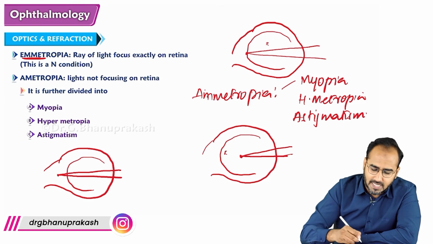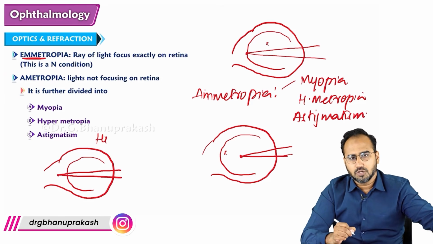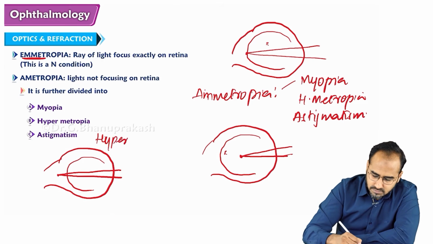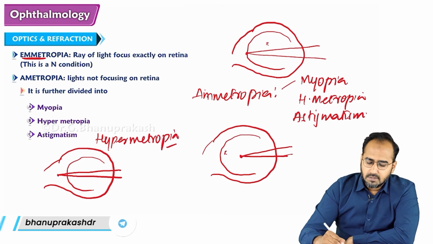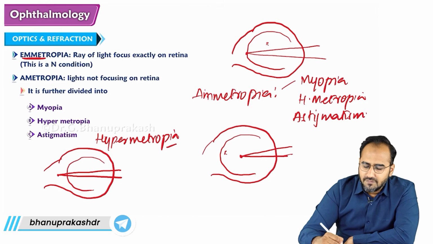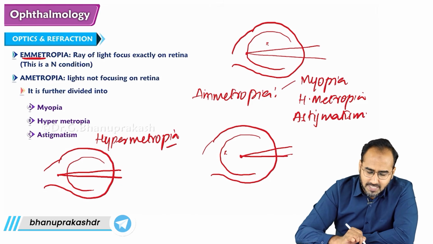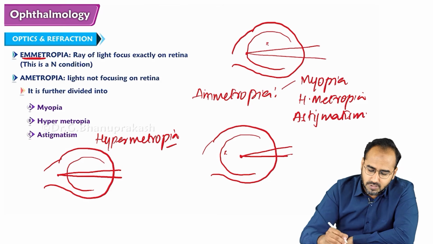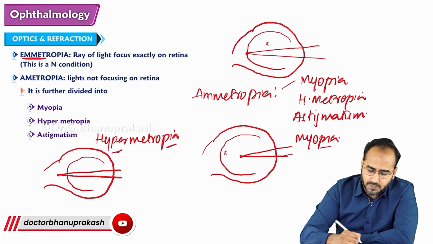That is called hypermetropia. In myopia, the light rays are focusing before the retina, hence they are not able to see the far things. In hypermetropia, the light rays are focusing behind the retina, hence they are not able to do the near activity properly. So, one is myopia, the other is hypermetropia.